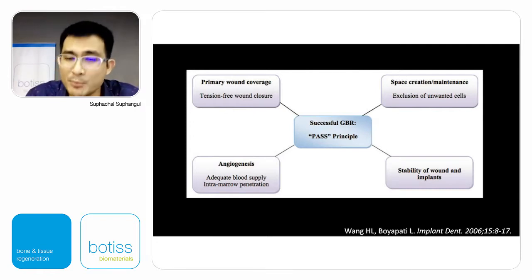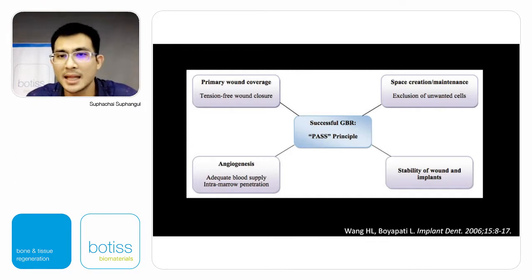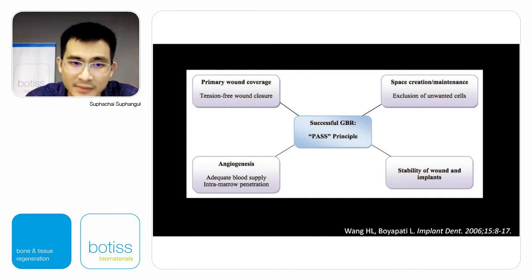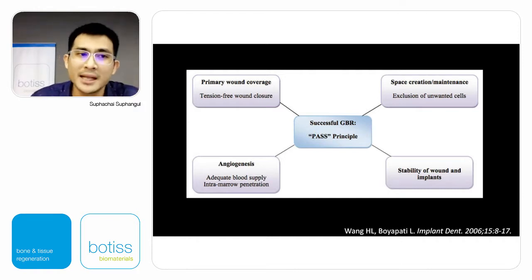For space creation and maintenance, we use two components. First, we use the membrane and the bone filler to keep the space for the bone regeneration. The third one is angiogenesis. It has two parts. First, adequate blood supply. The blood supply is from the flap. I always design the flap wider than the defect, at least one tooth on both sides.